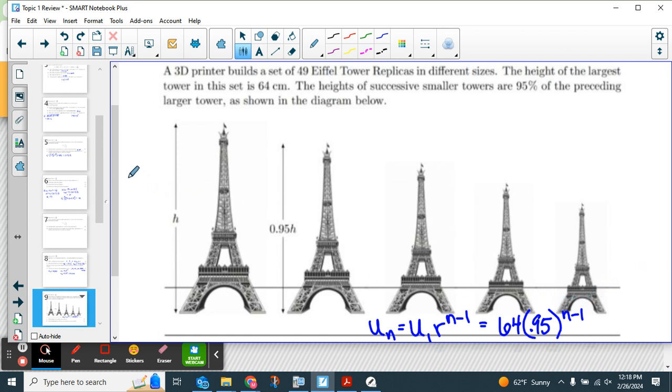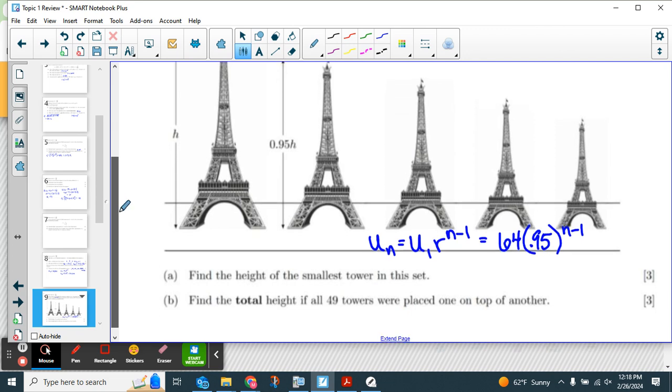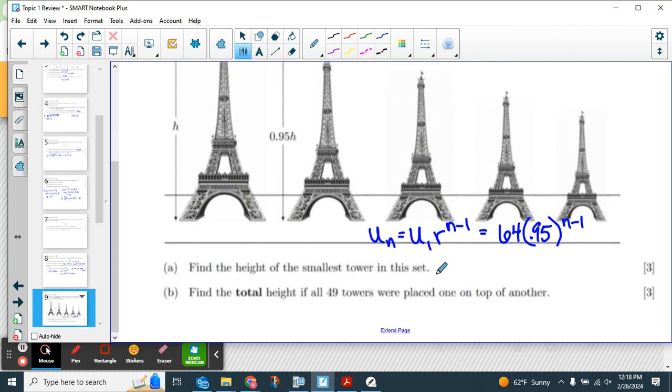All right, now part A says to find the smallest one, and we know that this is a set of 49. So I'm looking for the 49th, so u sub 49. That would just be 64 times 0.95 to the n minus 1, so that would be the 48th power.